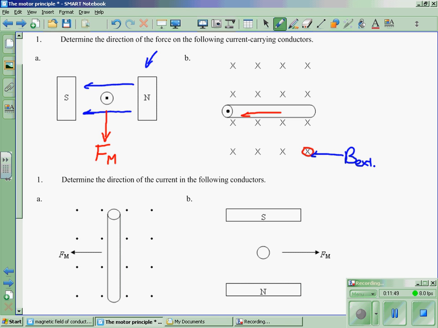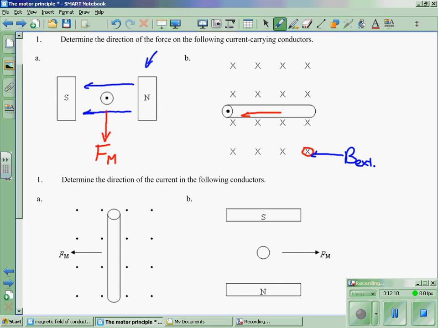So here's what I would like you to do. With your open right hand, point your fingers away from you and towards the screen. Now make sure that your thumb is pointing in the direction of current flowing through the wire, which in this case is to the left.